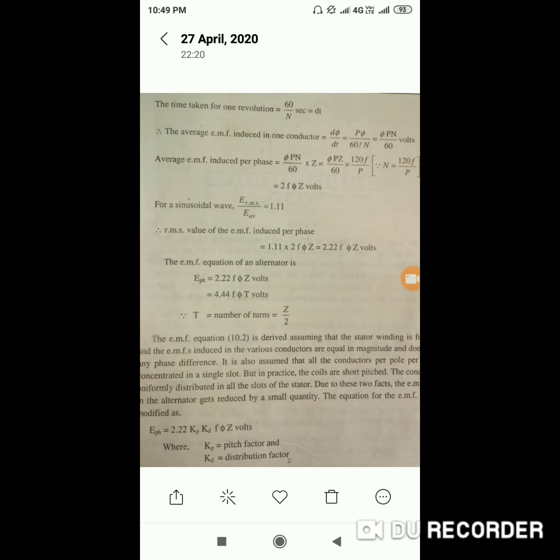So the EMF equation of an alternator is E PH equals 2.22 F phi Z. Z is nothing but 2T, so when you put this in the equation, it becomes 4.44 F phi T, in volts.